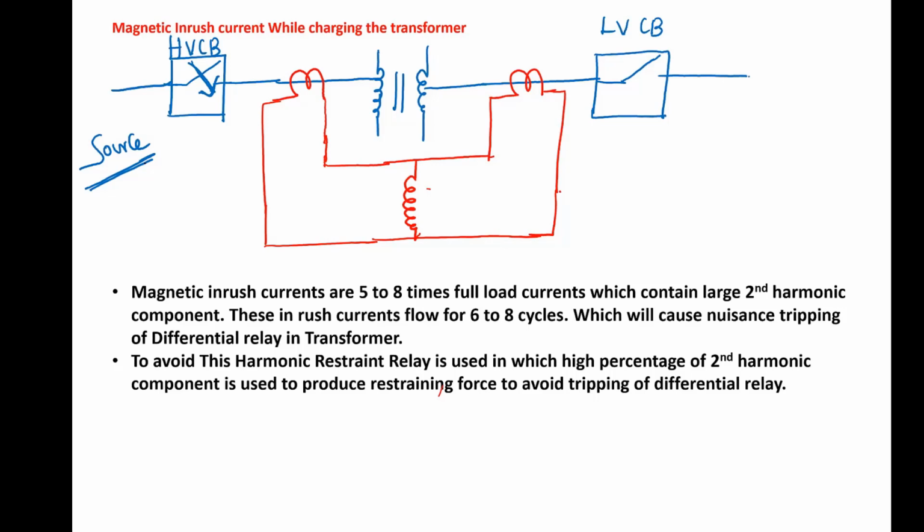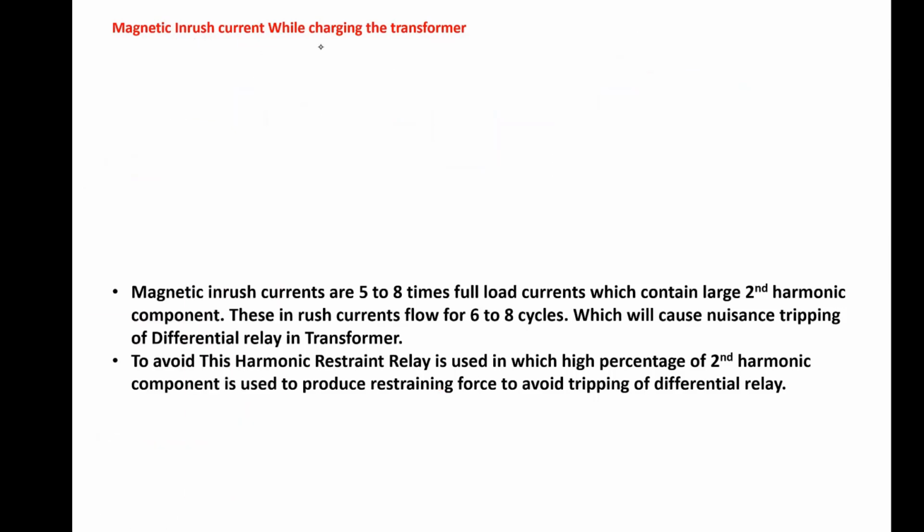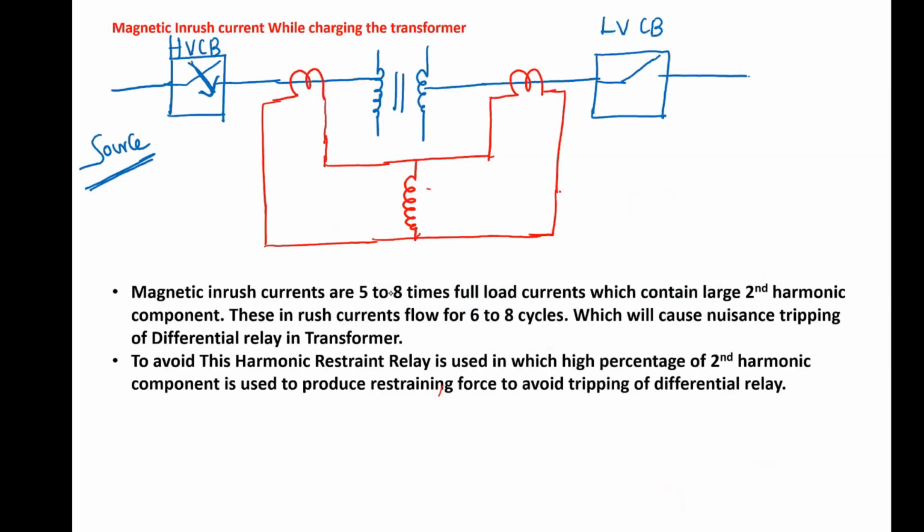These will flow through the primary, the high voltage side. And what is the current in the low voltage side? Here the current is 0, because nothing is connected on the load side.